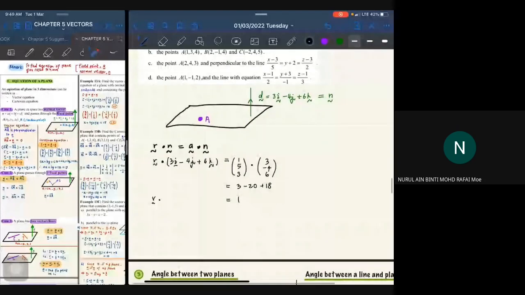Okay, so tulis balik. Your equation for vector equation is this one. Settle. This is your vector equation.